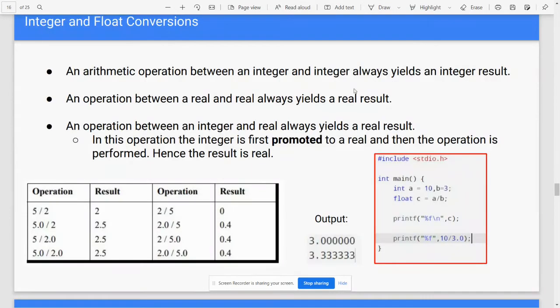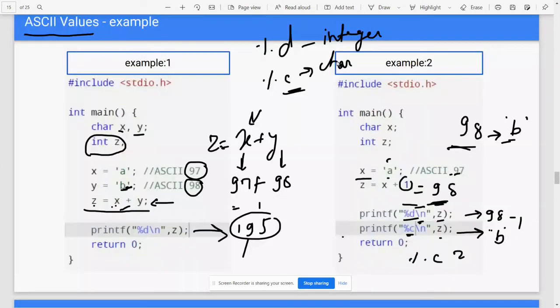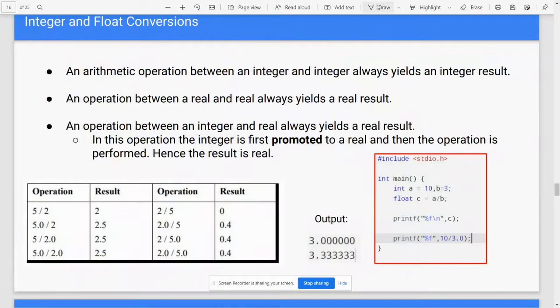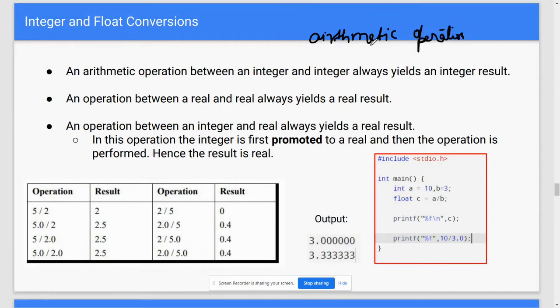After discussing this, we have covered the arithmetic operations. But there is something related to arithmetic operations that we need to discuss, because these things are very important.